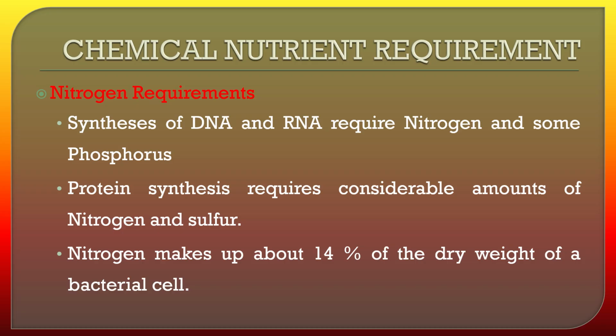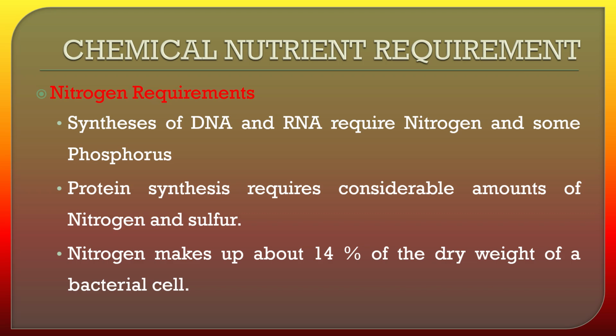Nitrogen requirement. Nitrogen is essential for the synthesis of DNA and RNA, which also require some phosphorus. Protein synthesis requires a considerable amount of nitrogen as well as some sulfur. Nitrogen makes up about 14% of the dry weight of a bacterial cell.